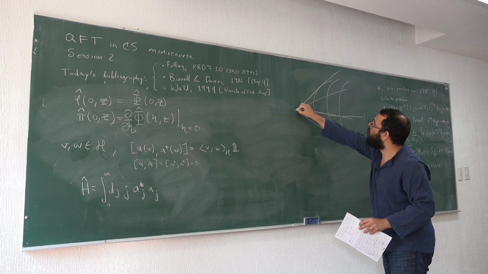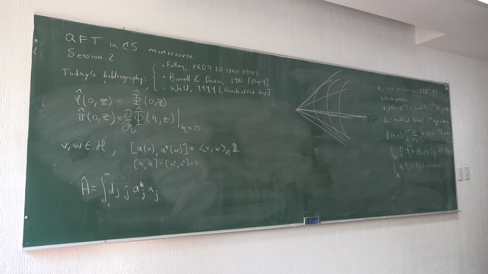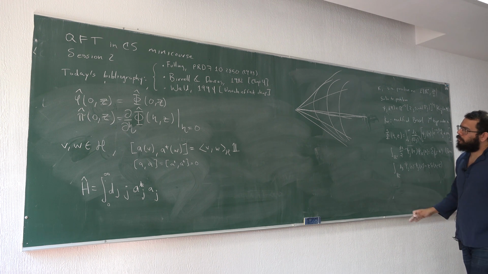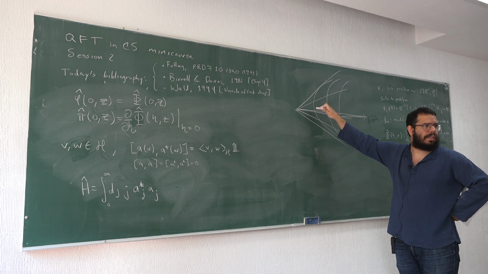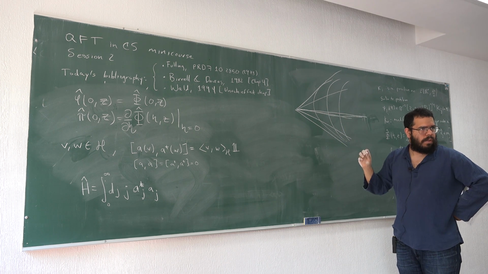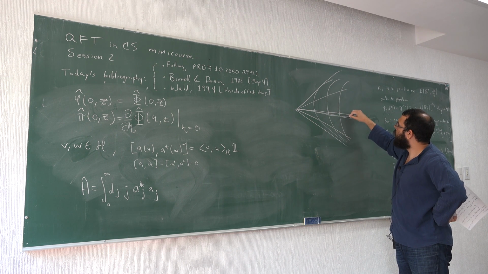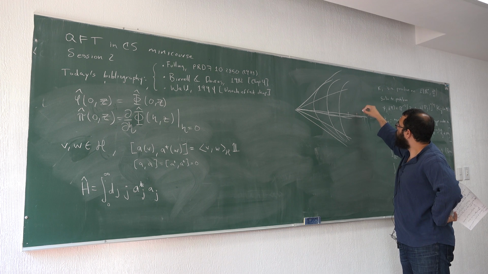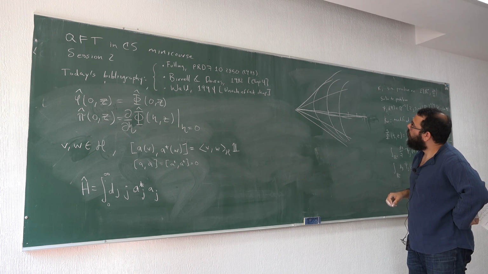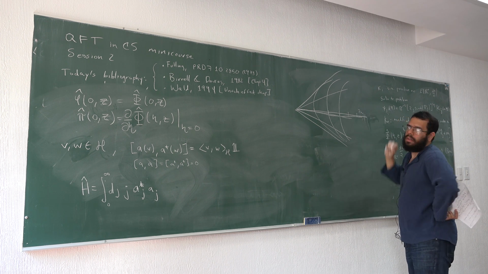Now I want to point out some geometric remark. I want you to notice that the eta equals 0 surface is the same as the t equals 0 surface in the whole Minkowski space, right? Moreover, d eta is normal to this surface at this point.